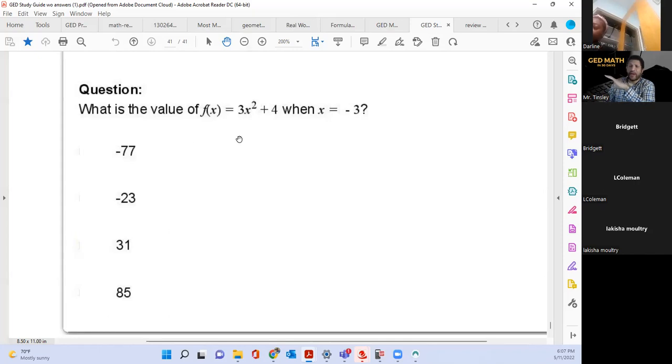You don't see what is the value of f of x equals 3x squared plus 4 when x is -3 right now on your screen? So it must be something. Hit Alt Tab. Hold Alt, hit Tab one at a time to see if you can change what's shown on your screen. You'll hit Tab and you'll see it change.